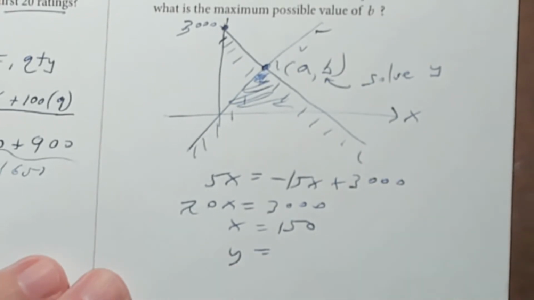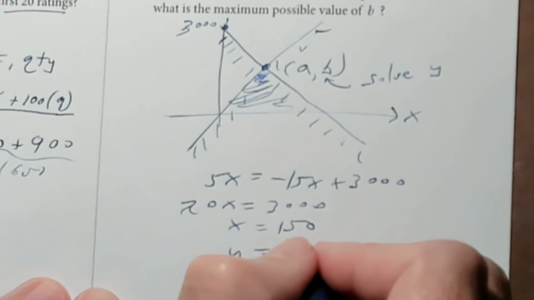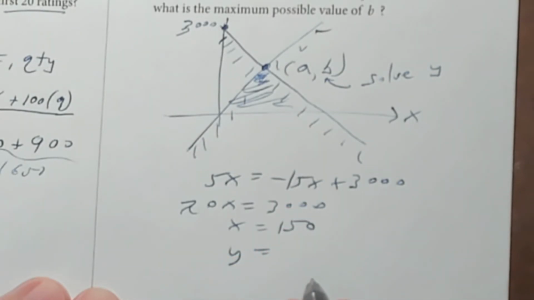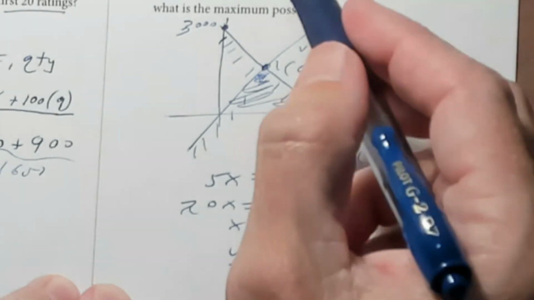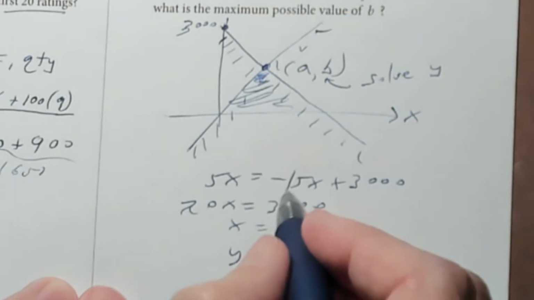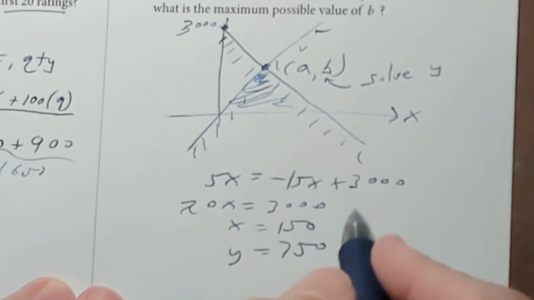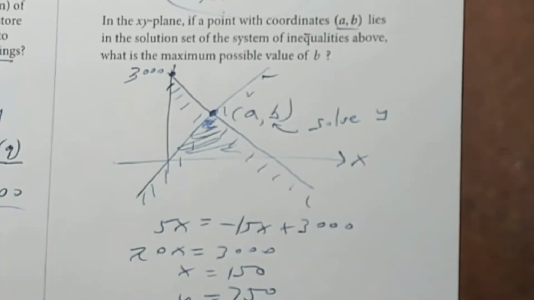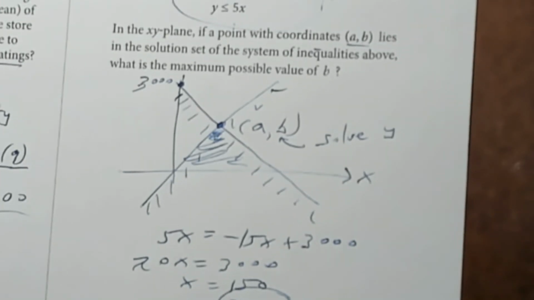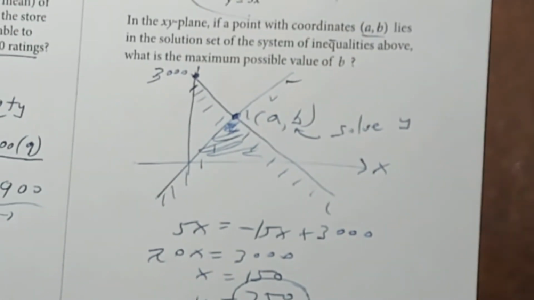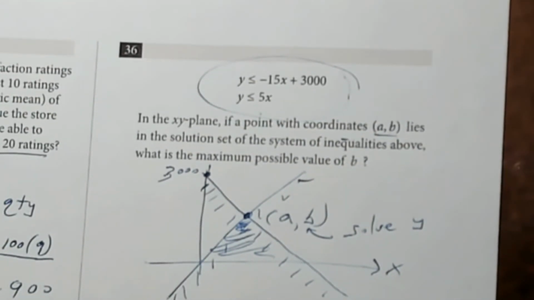So y equals, you could use your 5 times 150, right? 750. So the b value, and that's the one we're solving for, is the 750. So the answer is going to be 750. That was 36.